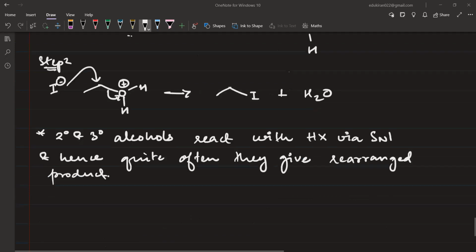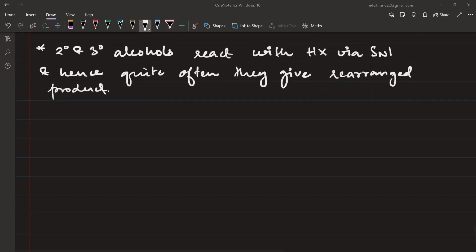Done. Right, next. Again, this is a very important question. Please see. We have a reactant, that is an alcohol, with a structure like this: CH3, carbon with one hydrogen, CH3, CH, CH3, and this is having OH.